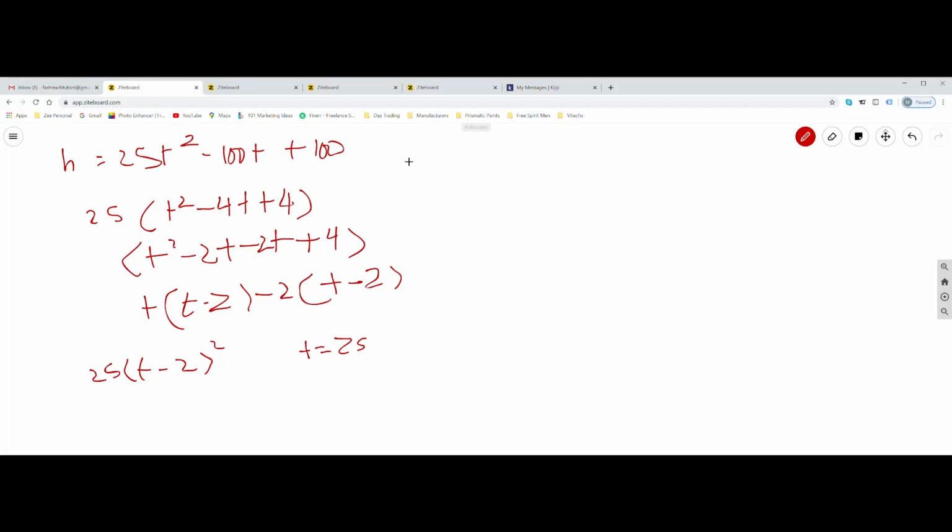So 25, you have to plug in 2 plus h, minus, so when we put 2 into this equation, what do we get? 2 is 400 minus 200, so it's 0. Then 100 times 2 plus h plus 100.